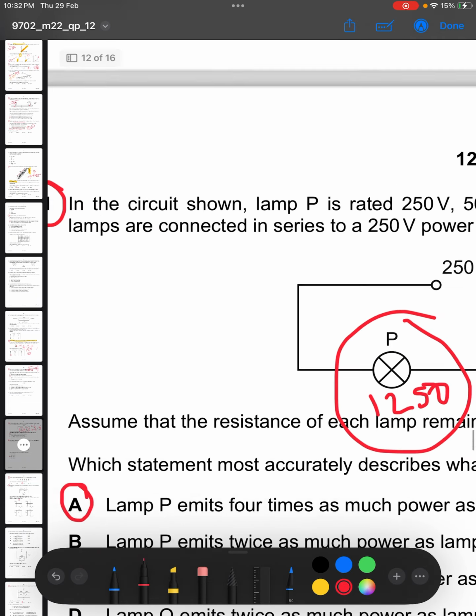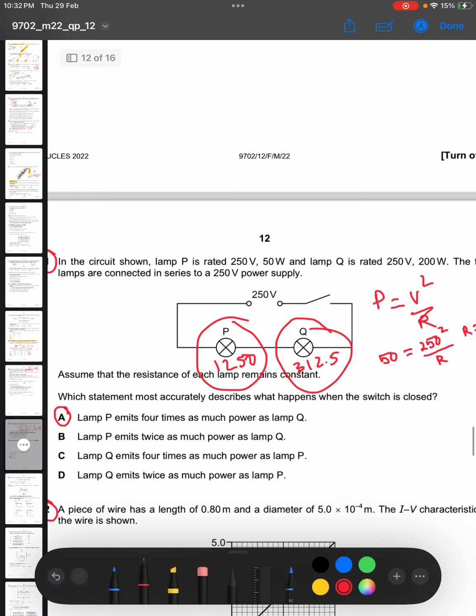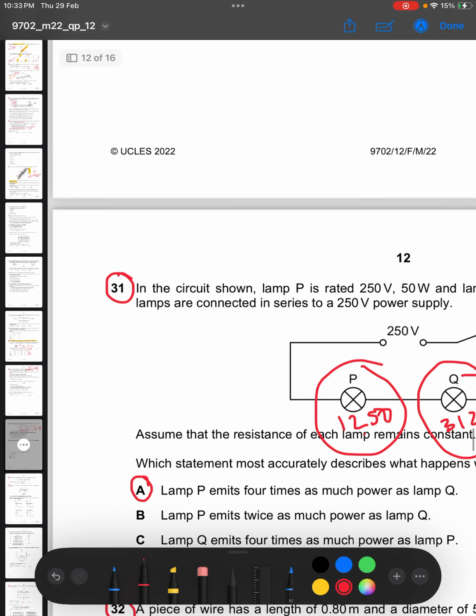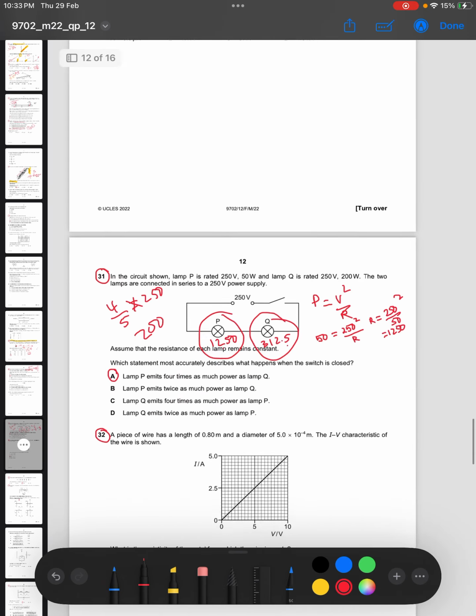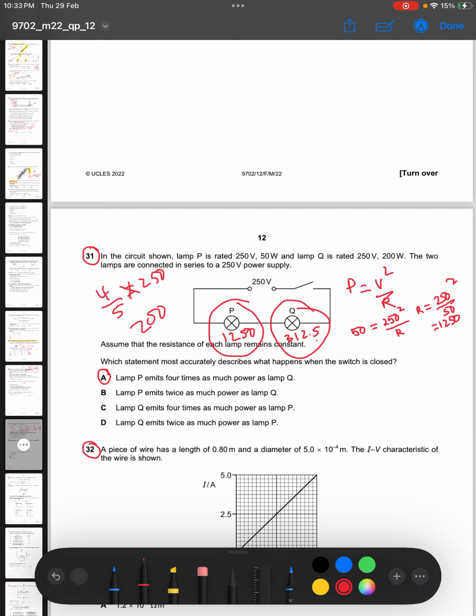Why does it get 4/5? Because the ratio of the resistances is 4:1, so it will get 4/5. So 4/5 of 250, the voltage being supplied, will be 200. So P will get 200 volts, and Q then will get 50 volts.